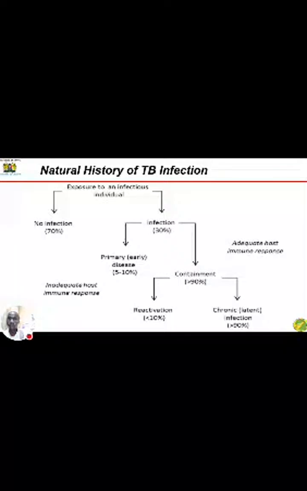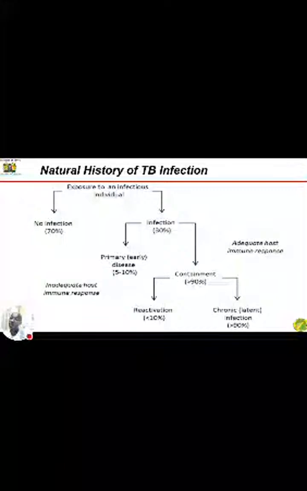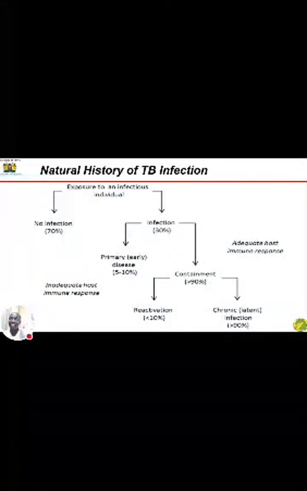So we could be 10 of us, and one of us has tuberculosis. When that person coughs or sneezes, there is a high likelihood some will not acquire the bacteria. 3 of us will acquire the bacteria, but of those who acquire the bacteria, 10% or 5 to 10% have a high likelihood of getting active TB disease.